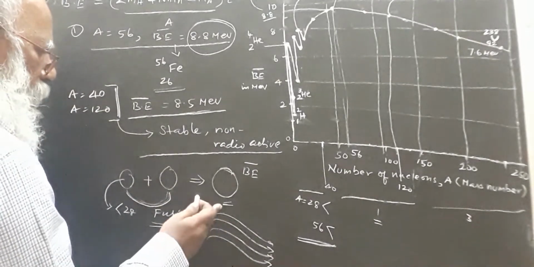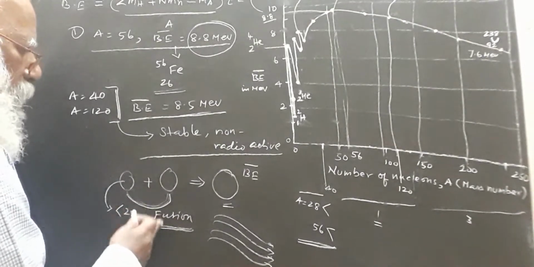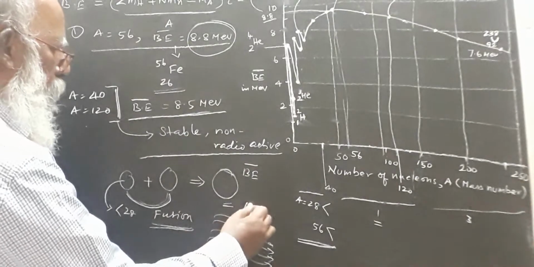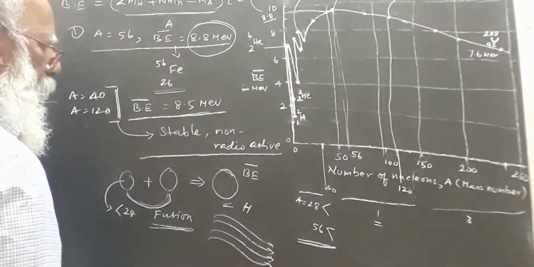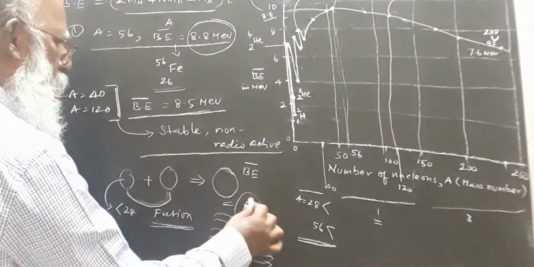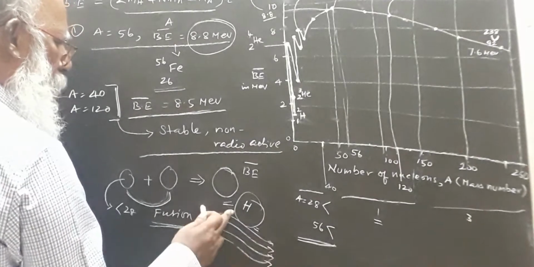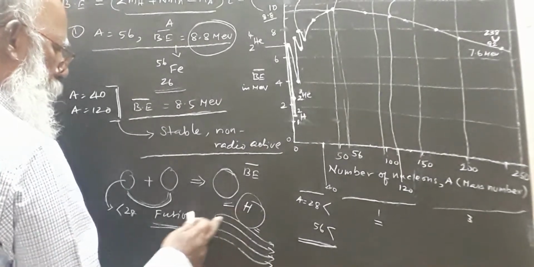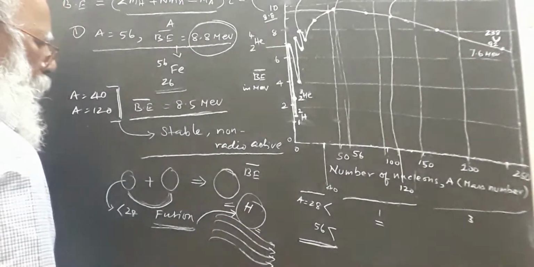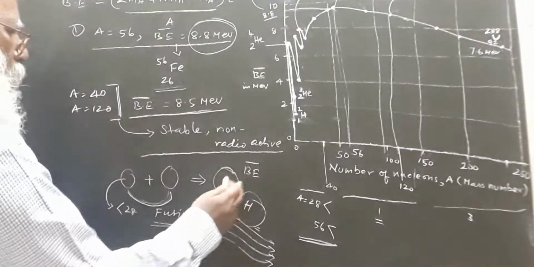This is a very good example of a nuclear fusion process, and this was followed by the hydrogen atom bomb. This is the basic principle of how we are exploring the hydrogen bomb. The fusion process is the main cause of creating the hydrogen bomb.